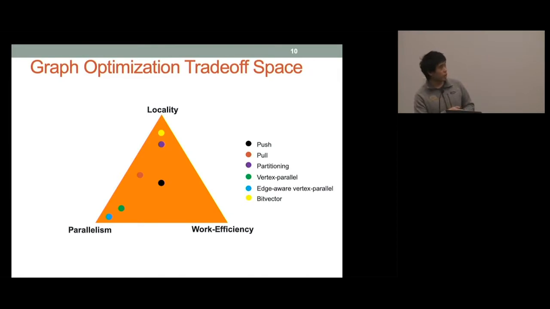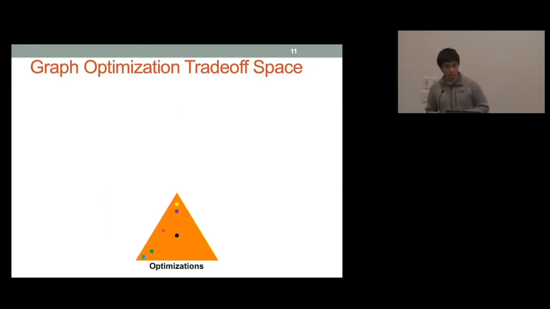So it can affect the program's parallelism, locality, work efficiency, and it can even affect more than one of these things. And the way each optimization affects each of these properties of the program will depend on the algorithm. It will depend on the type of graph that you're using, the hardware, and also depends on what other optimizations you're using at the same time. So this is a very hard decision to figure out what the best set of optimizations you should use is.